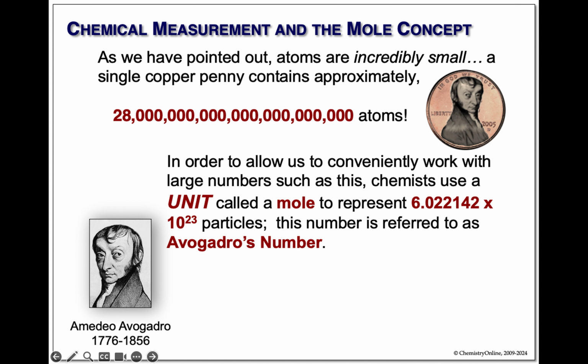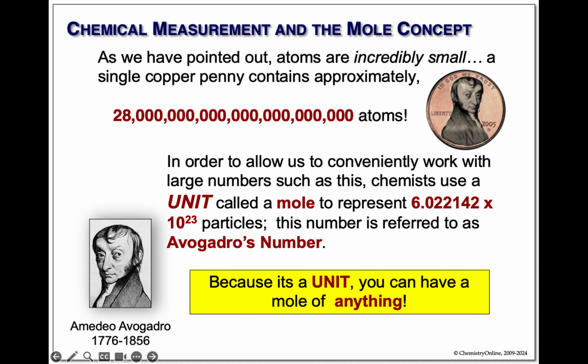The unit is called a mole, and it contains 6.02 times 10 to the 23rd things. It's a unit. Because it's a unit, you can have a mole of anything. You can have a mole of atoms, a mole of molecules, a mole of students, a mole of whatever. Just a unit.